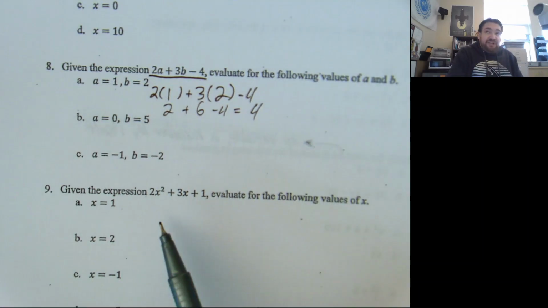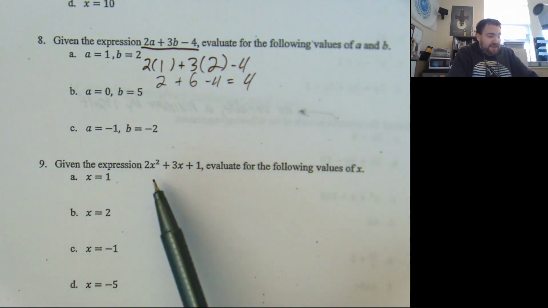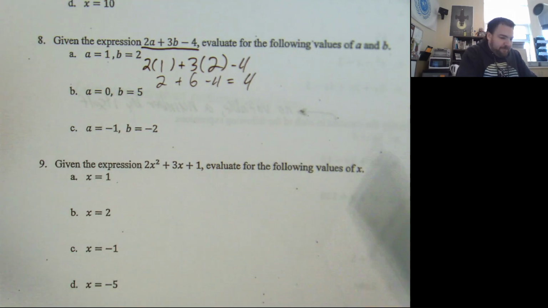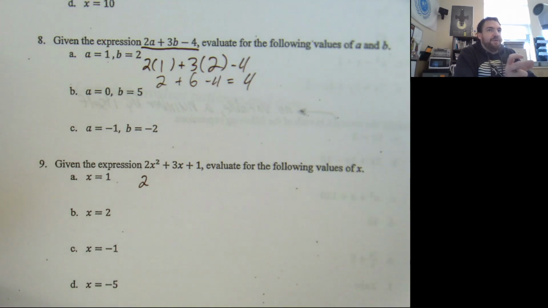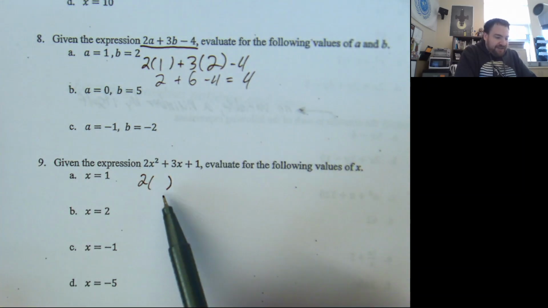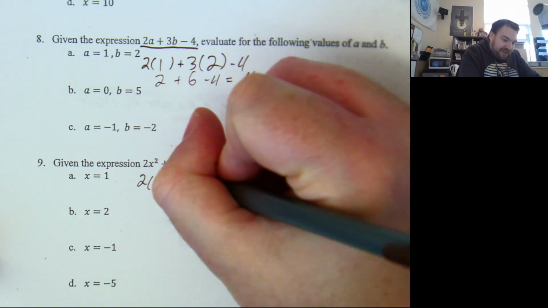So down here with a question like number 9, given this trinomial, replacing variables with brackets would just look like this. We'd replace the x with a set of brackets, and that exponent would sit outside.